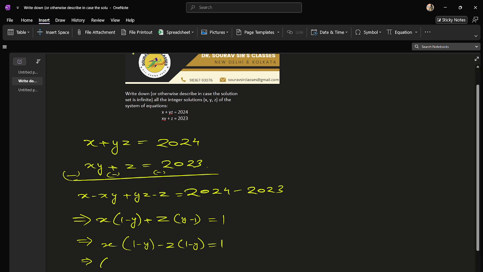So we can write (x minus z) into (1 minus y) equals 1. This is what we get from these two equations.